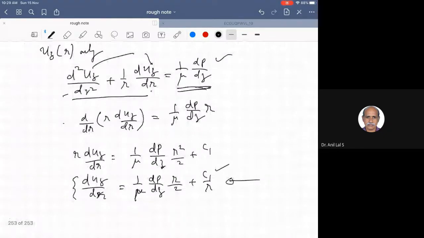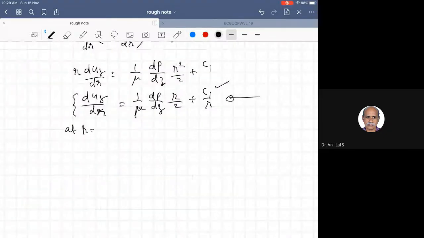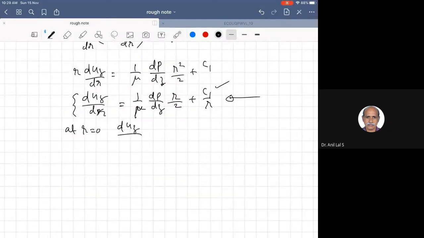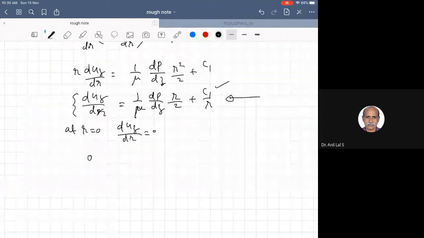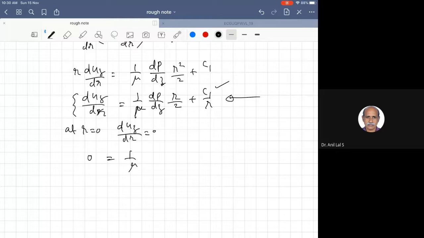So at r is equal to 0, duz by dr is equal to 0. At that condition we apply, this has to be equal to 0, 1 by mu dp by dz into r is equal to 0, and this becomes C1 by r. So limit r tending to 0, C1 by r is equal to 0.